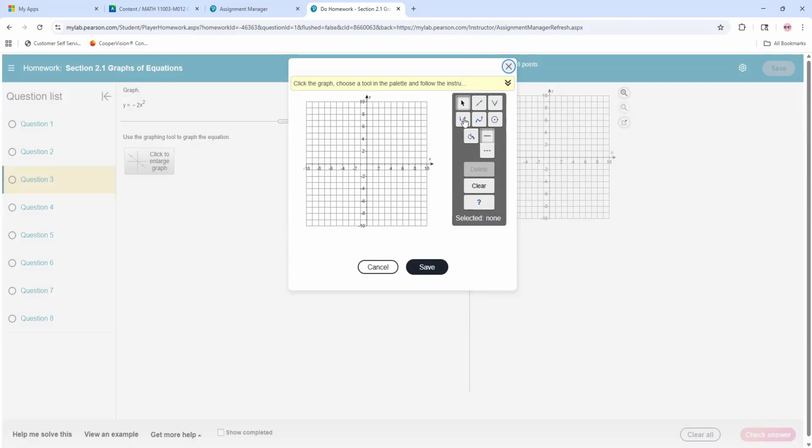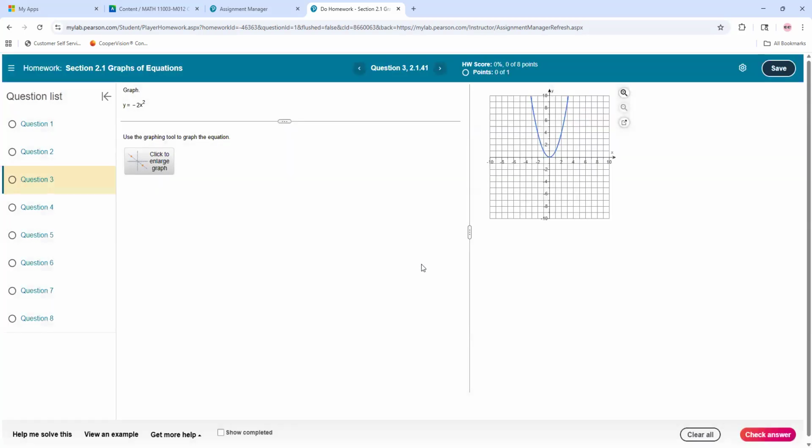So up here, you grab this 3-point quadratic tool, and then you just plot the 3 points. So I had -1, 1. I had 0, 0. And then I had a +1, 1. Yo, there's my little U-shaped parabola. So I would save that. Okay.